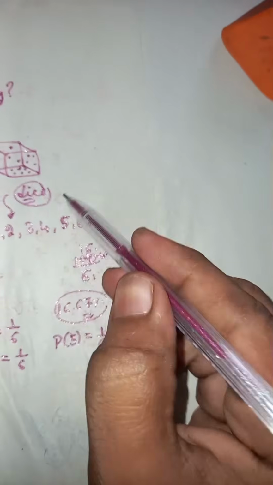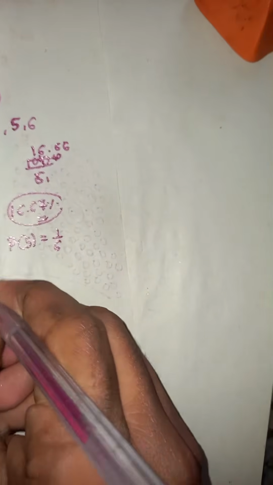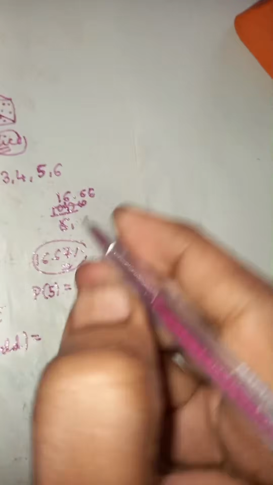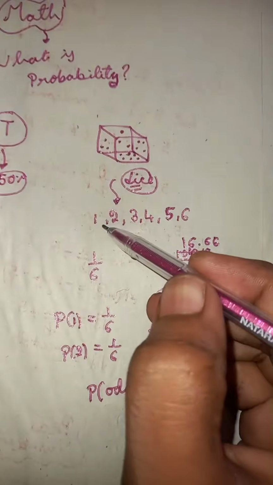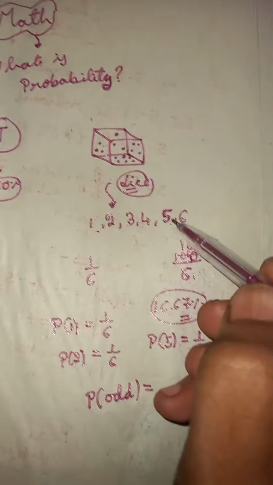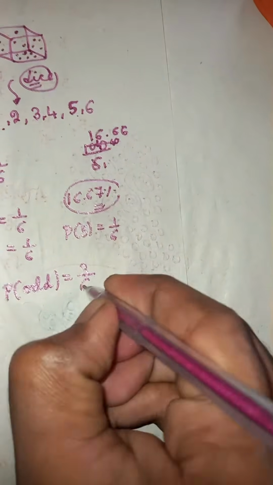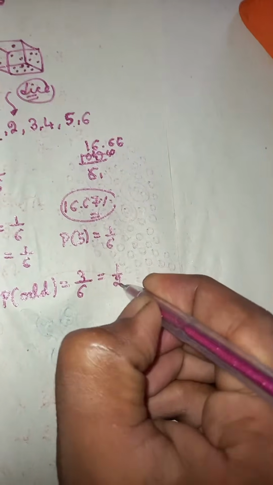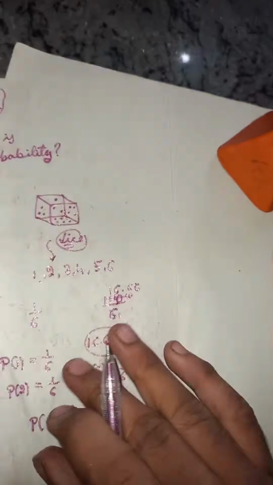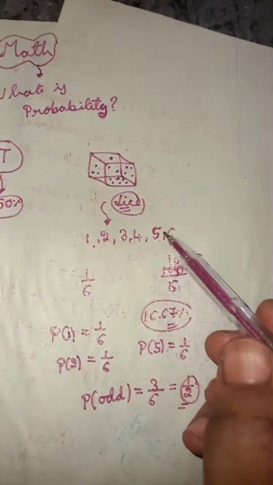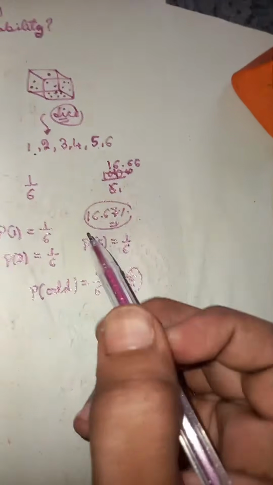Now you may ask about the probability of getting an odd number. The probability of getting an odd is the number of chances of the odd over the total. Here there are three chances of getting an odd: 1, 3, 5. So you can write it as 3 chances out of 6. So there is half of the chance when you throw the dice.